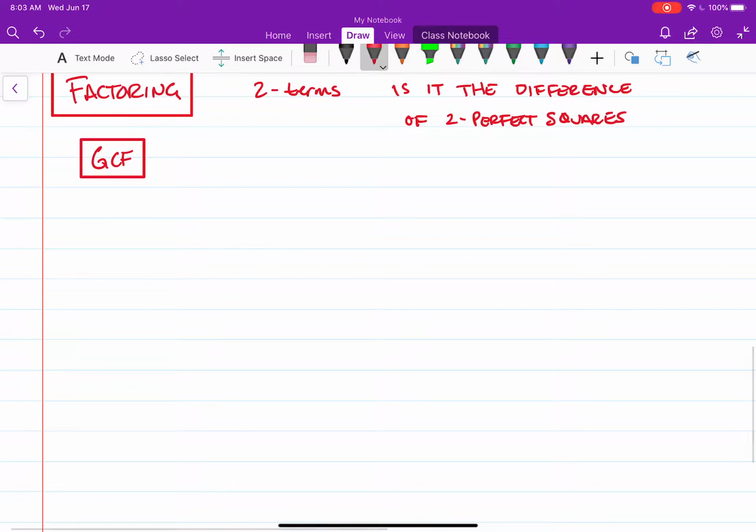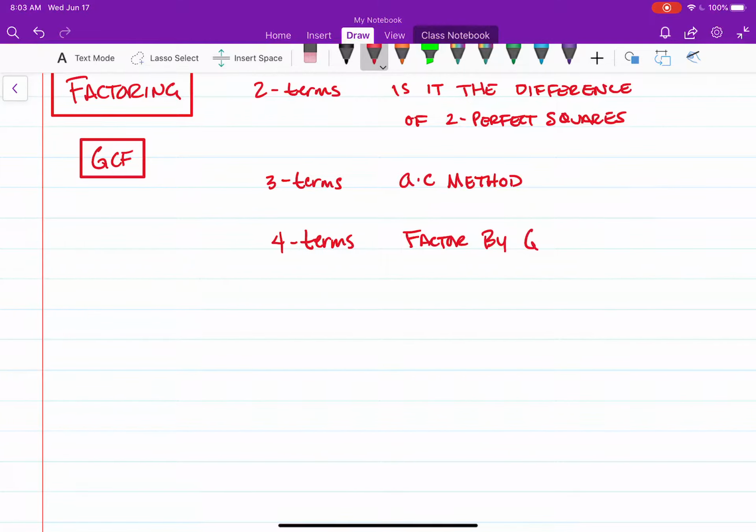It could be 3 terms. If it's 3 terms, we do the AC method. And it could also be 4 terms. What do we do with 4 terms? Factor by grouping.